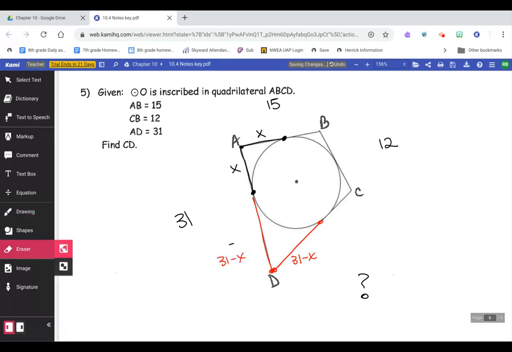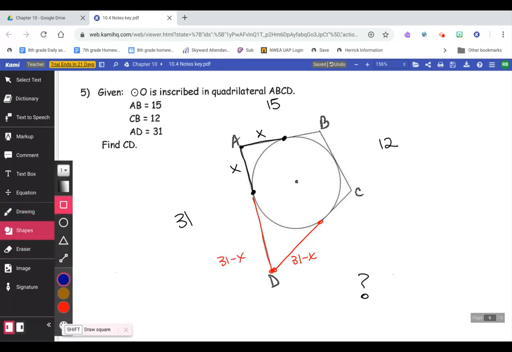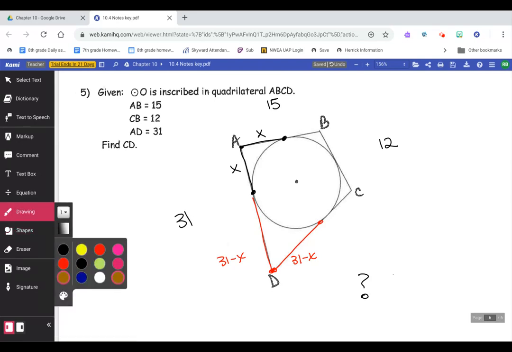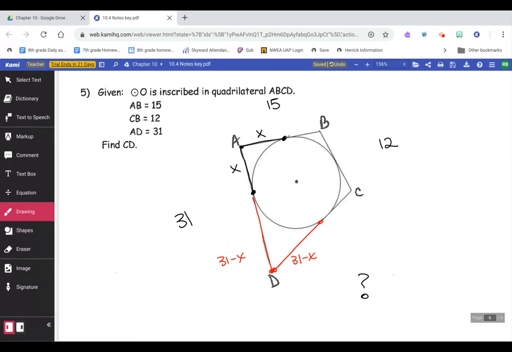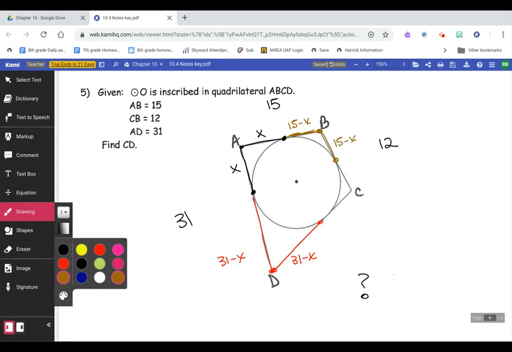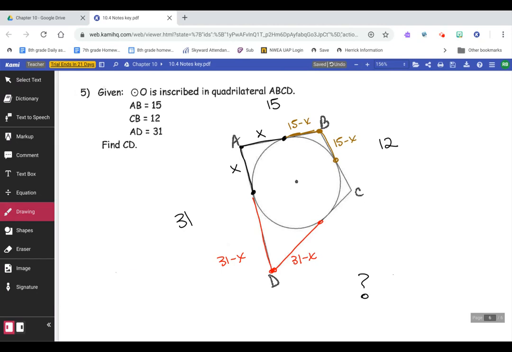All right, moving on. Let's do brown. From here to here, it's going to be 15 minus X, and we'll go from here to here, same thing, 15 minus X. Okay, the last part gets a little bit tricky, but we can handle it.